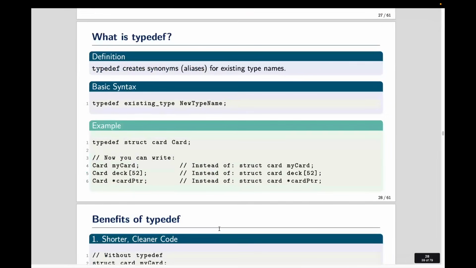Next thing, which is now very important, is called typedef. Now, what is this typedef? Type define or typedef simply creates synonyms or aliases for existing type names. Now, what is aliases? If you go on Google and find the word meaning of aliases, it means just the same name, just like you give a short name to some person.